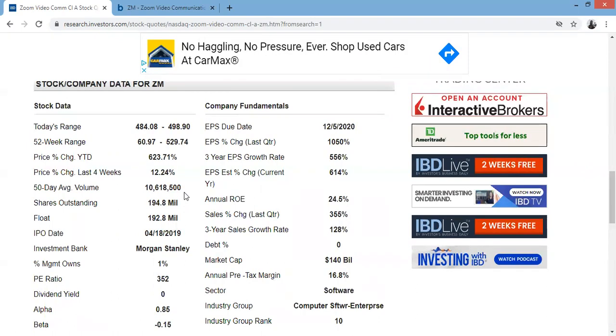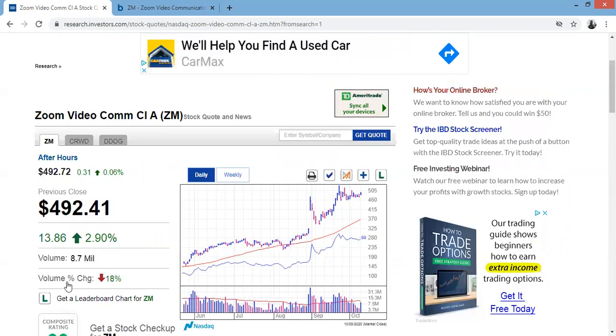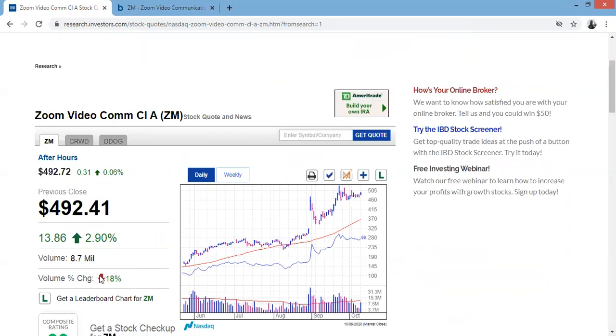And what you would like to see is a volume percentage change at least 30% above normal average volume. When you see that, that's normally when the stock is breaking above a resistance and going up.